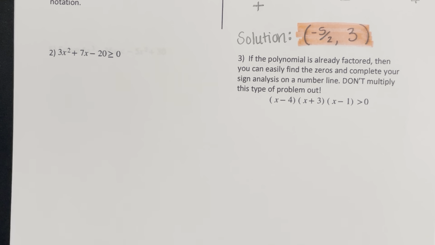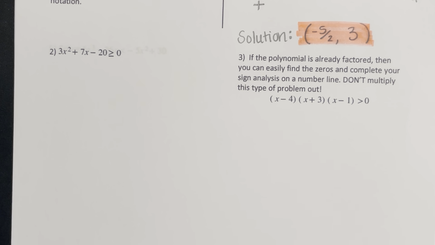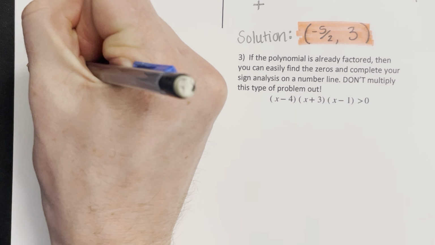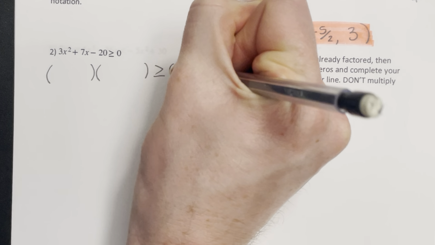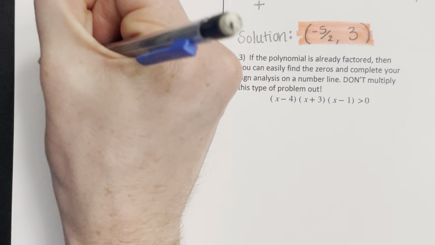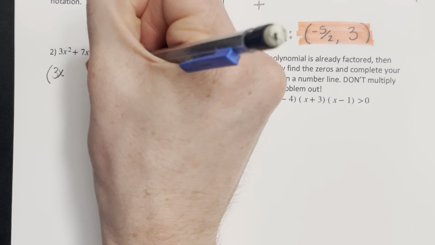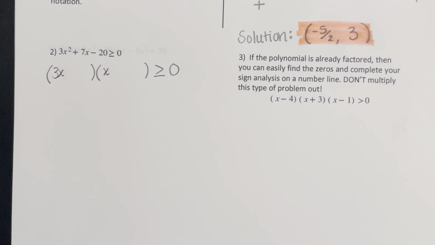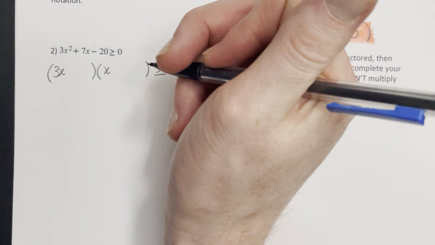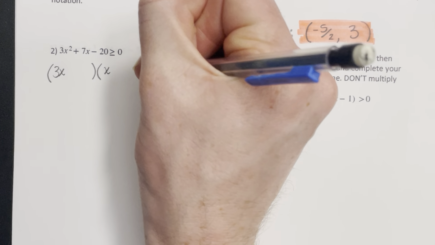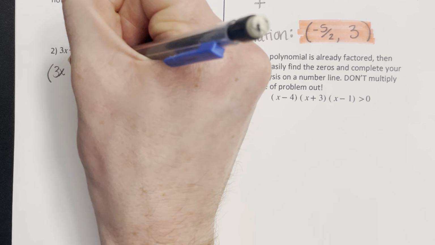With this one, we have 3x squared plus 7x minus 20 is greater than or equal to 0. I would first need to factor this. 3x squared is 3x times x, and we find our factors of 20. Let's see, so we can do 4 and 5 here.